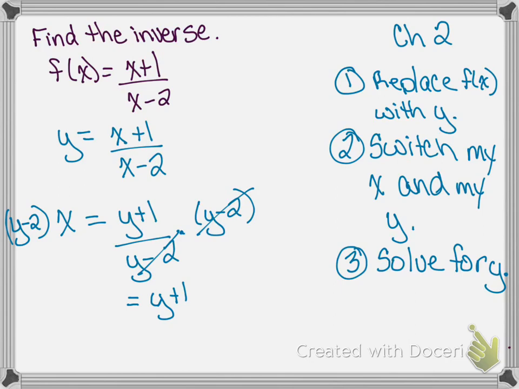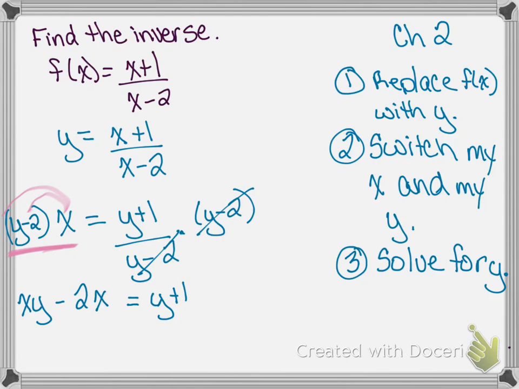Now, on this side of the equation, what do I have to do with that x? Distribute. So I've got to distribute that x. So I am left with xy minus 2x.